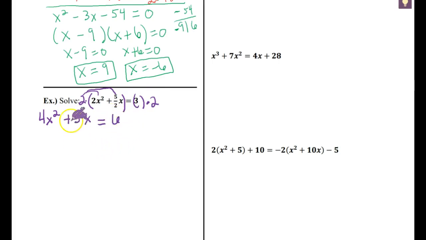Now I need to get everything on one side. So 4x squared plus 5x is going to stay the same. And I have to subtract 6 from both sides to get it on the left-hand side. Oops, my marker froze for a second.